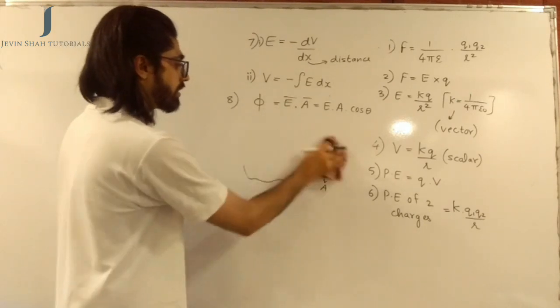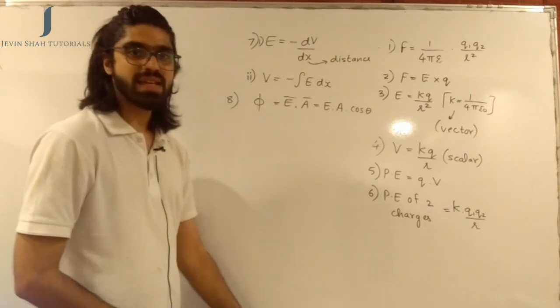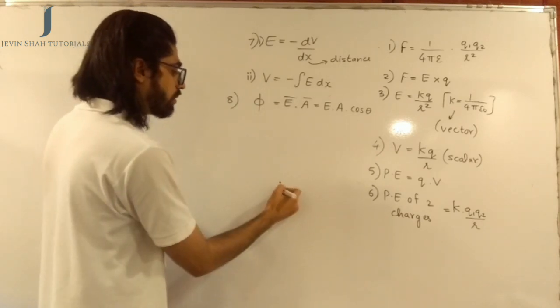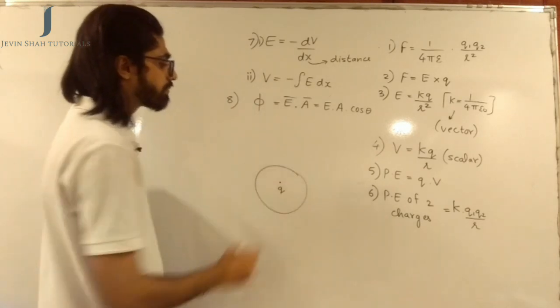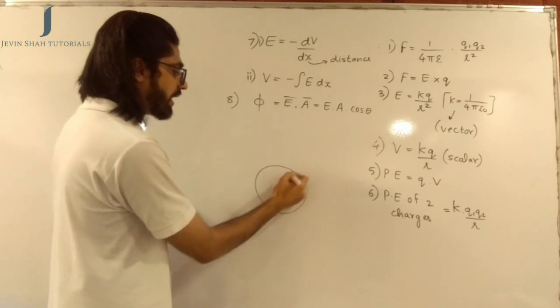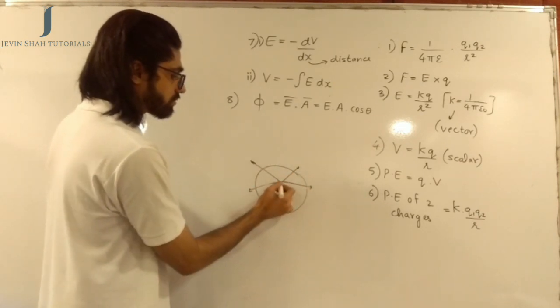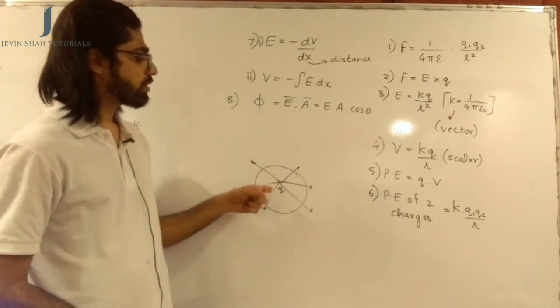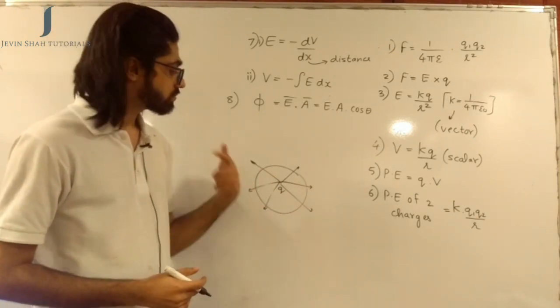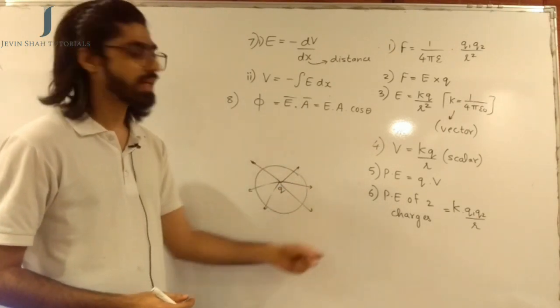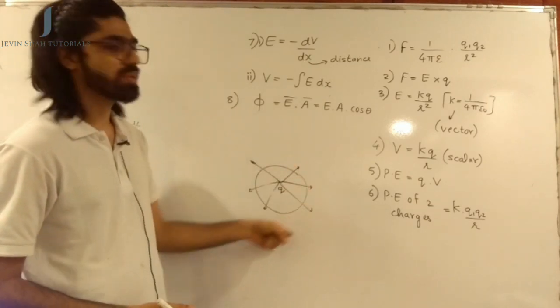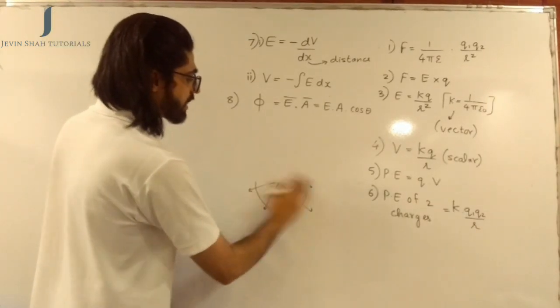Now comes the Gauss theorem. It states that if there is a charge q which is enclosed in a body, then from the charge q, electric lines of force are going to come out. Now the flux through the entire surface, I said this was a body, right? Let's not take a body, let's just take a charge.